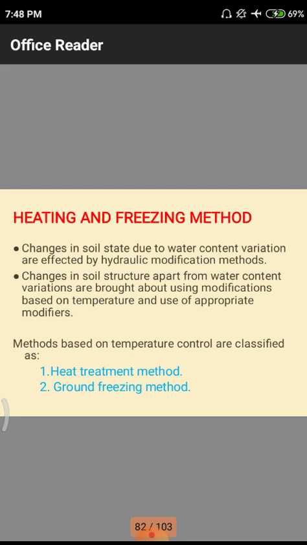Those modifiers directly change the structural properties of the soil. Methods based on temperature control are classed as the heat treatment method and the ground freezing method.